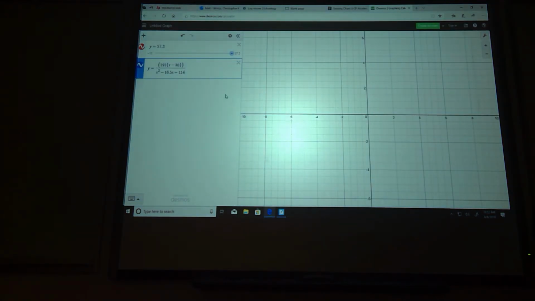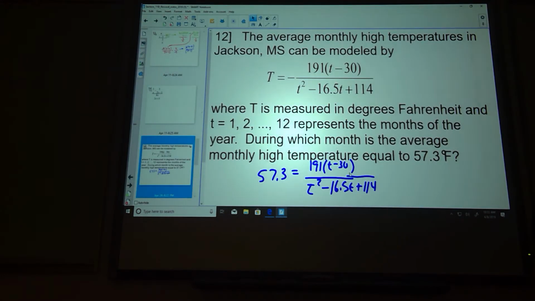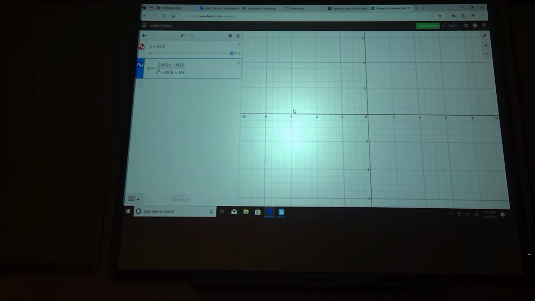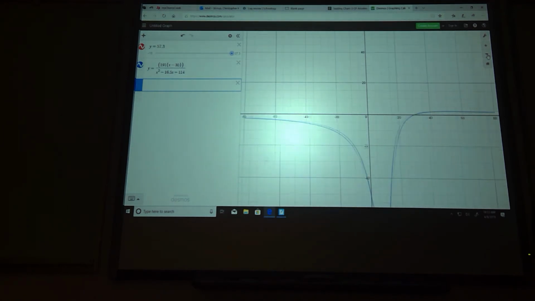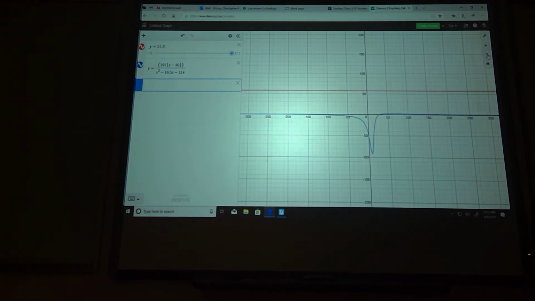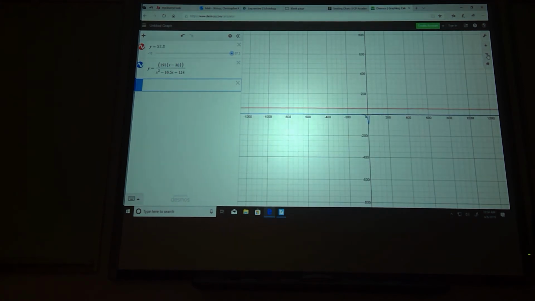Alright, so I'm just graphing both sides of that. Realize I changed my t's to x's. Okay, so I have both of those. Hit return. I don't really see my graph yet. Don't see it. Oh, there's one. There's the other.